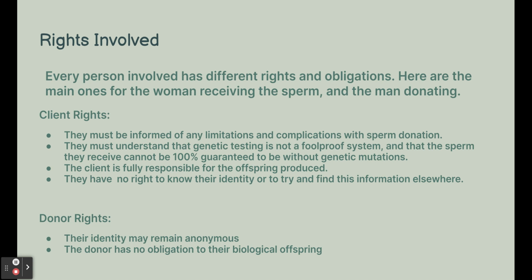And that's one of the major ethical issues, because you could be giving someone sperm that has a really rare, really harmful genetic disease, and now they have all of these unprecedented responsibilities and problems with their child. The client is also fully responsible for the offspring that's produced from the sperm that they're given.